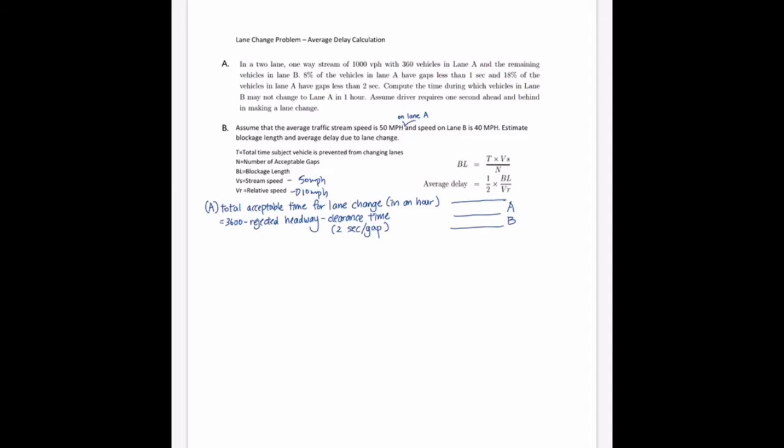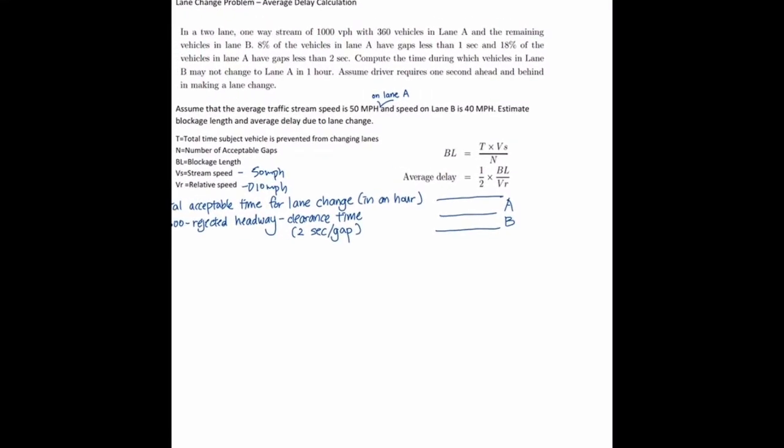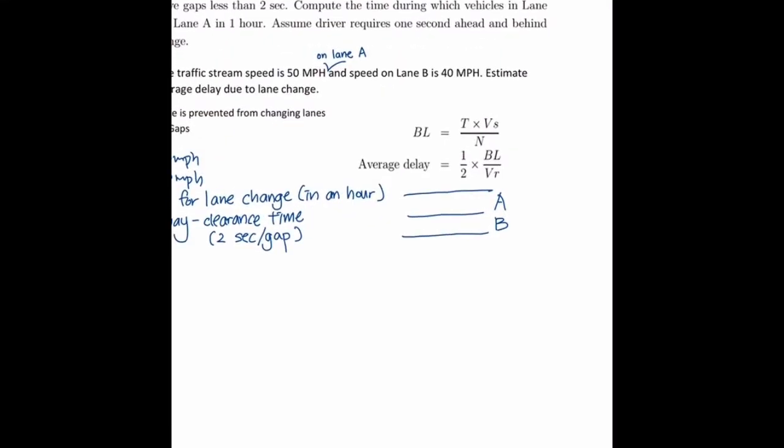So let's go over the question. There are two lanes, A and B here. The question said there are 1,000 vehicles per hour, with 300 vehicles in lane A and the remaining on B, which is 640 vehicles.